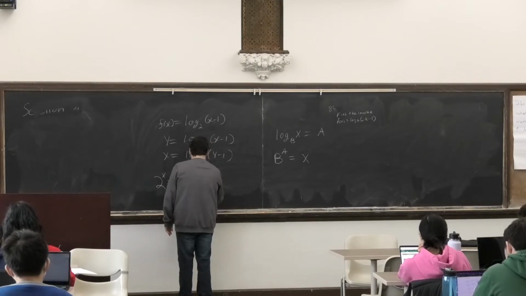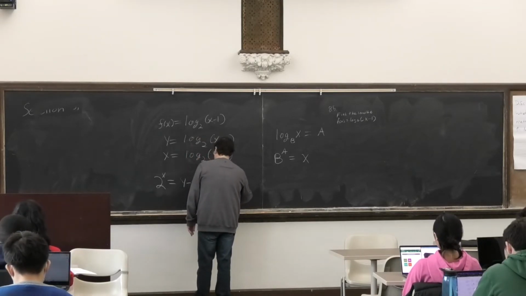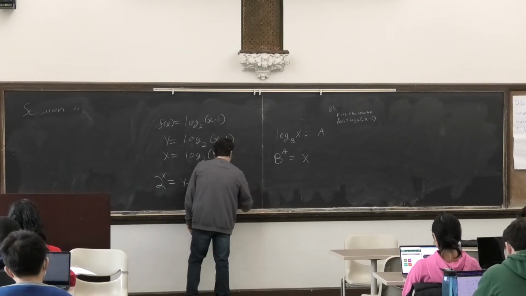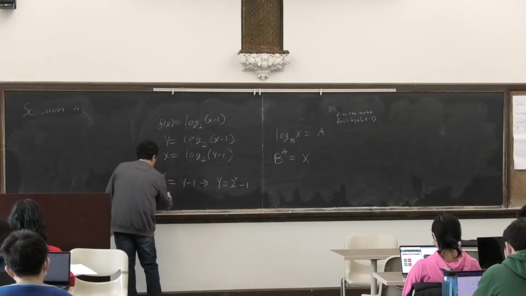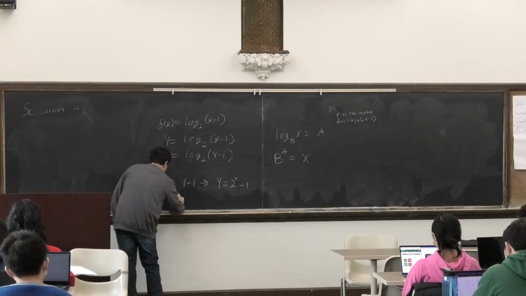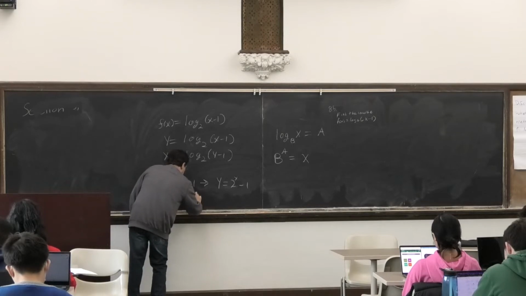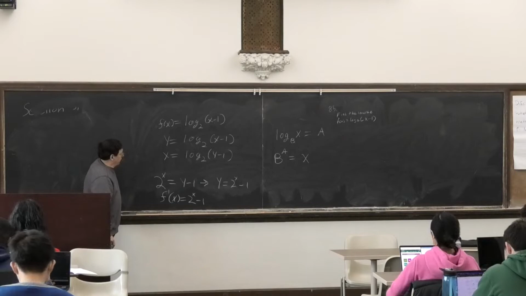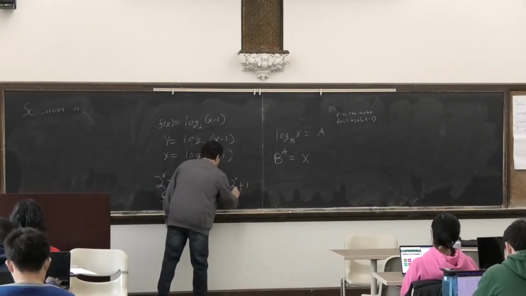So we get y equals 2 to the x minus 1. And if you like, we write inverse of x equals 2 to the x minus 1. Now, I don't think I did that right, did I? No, I didn't.